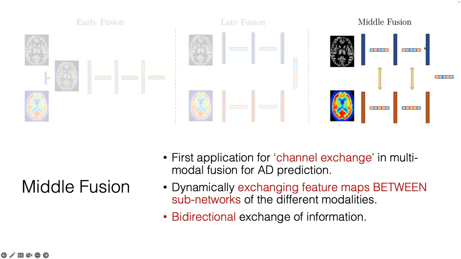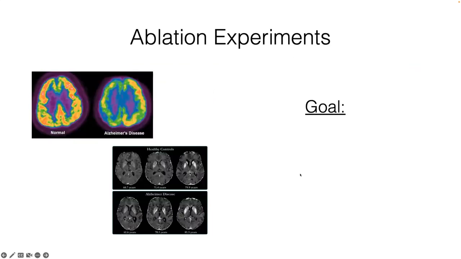So again, we have two separate networks here, for the MRIs and the PET scans. We dynamically exchange feature maps between the subnetworks, and it's a bidirectional exchange of information. The goal is to quantify the importance of each modality when diagnosing Alzheimer's disease for this paper.